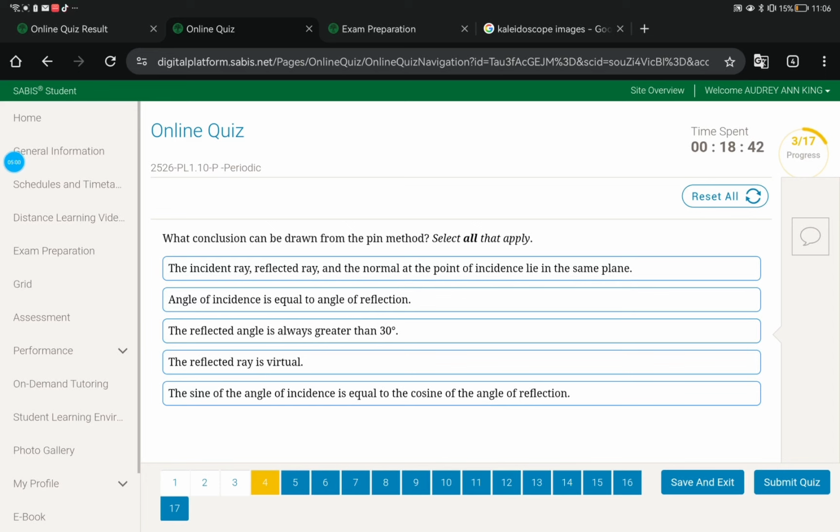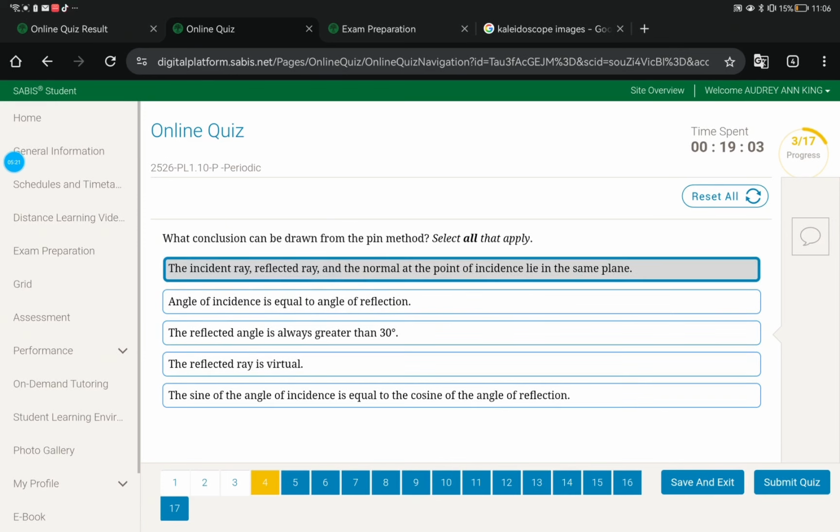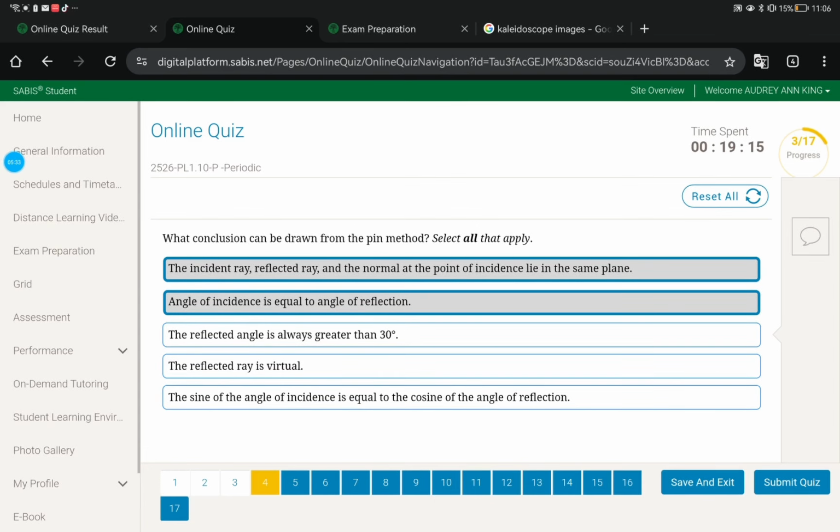But basically, you take 2 pins and a ray of light reflects on one pin, and then you look at another pin from underneath, and you'll see that both the pins line up, which proves that the incident ray, the reflected ray, and the normal at the point of incidence all lie on the same plane, and the angle of incidence is equal to the angle of reflection.